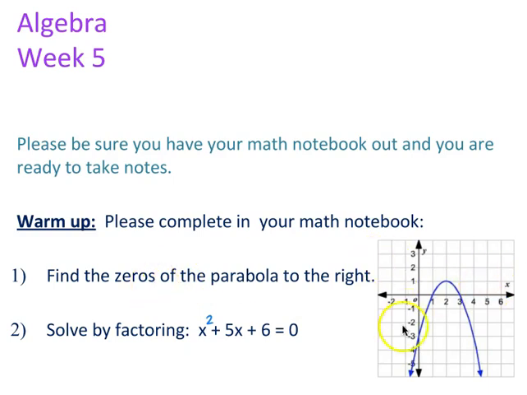For the first question, you will use the graph on the right. For the second question, you're just going to use that equation and solve it by factoring. So go ahead and click pause. Try these 2 on your own in your math notebook, and when you're ready to check your work with mine, go ahead and click play.